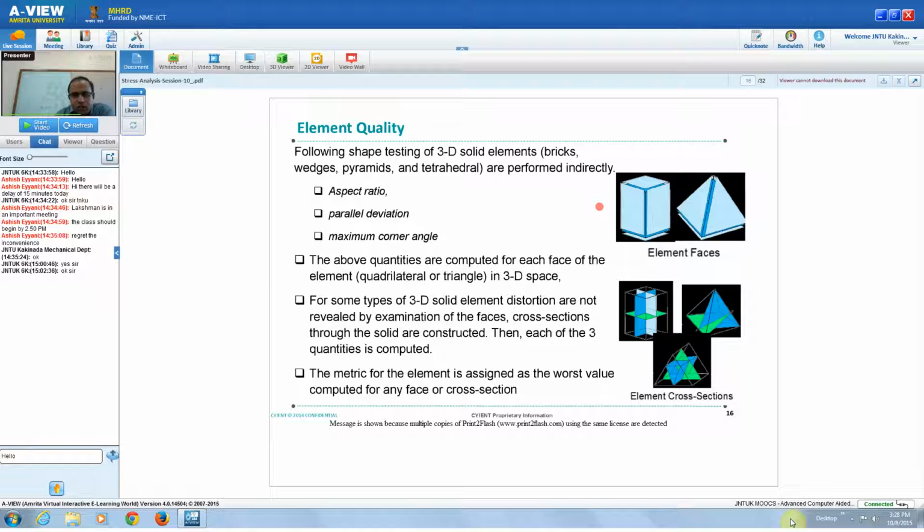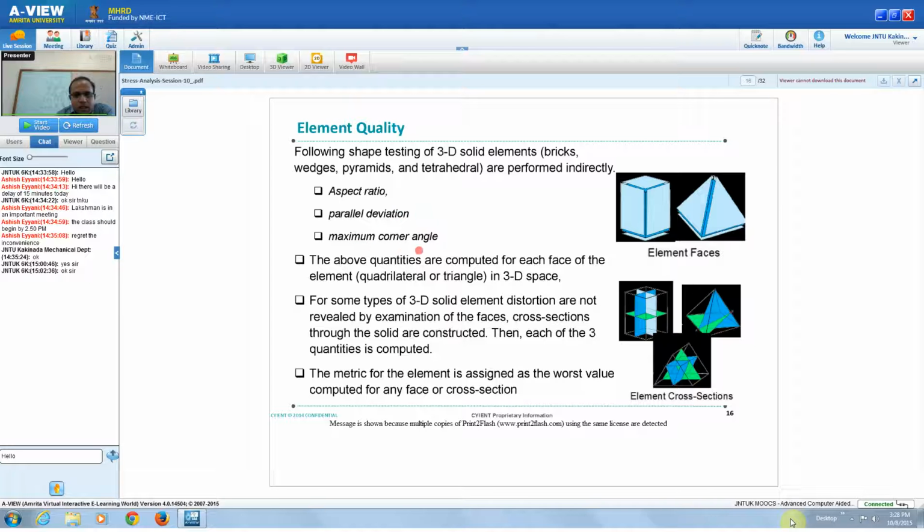Now coming to element quality, more on element quality. For 3D solid elements, basically brick elements, pyramid elements, wedge elements, and tetrahedral elements, this element quality is performed on the faces, basically on aspect ratio, parallel deviation, and maximum corner angle.